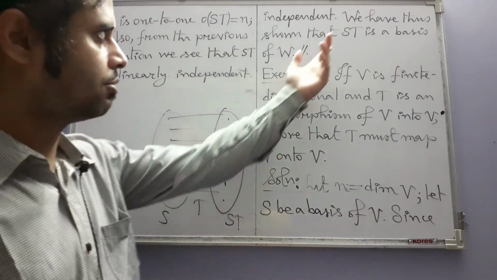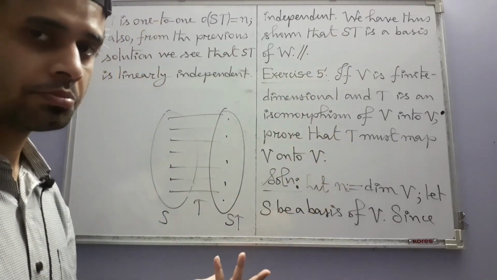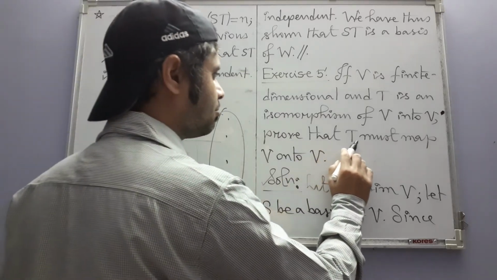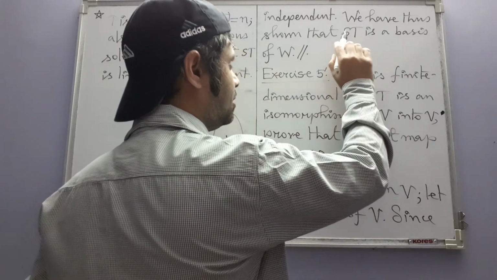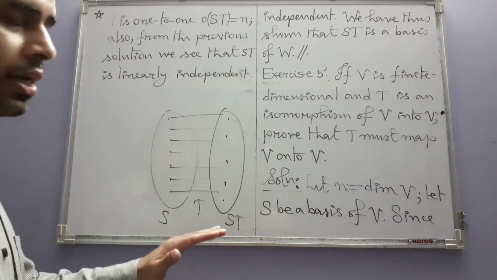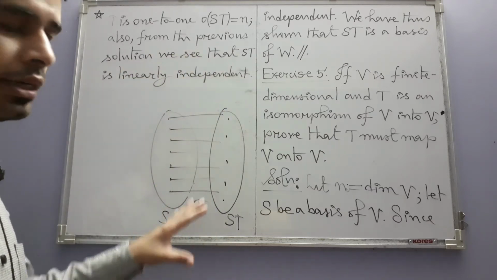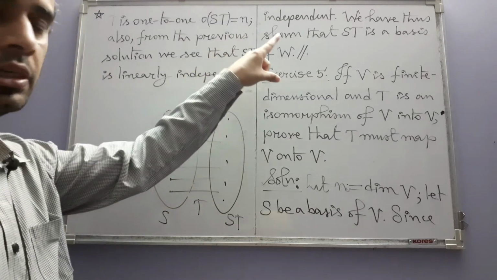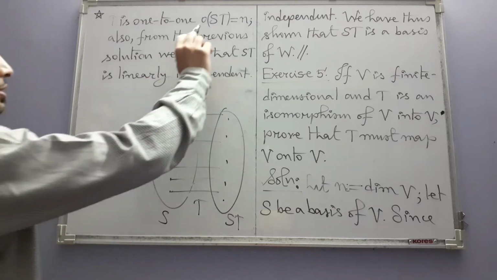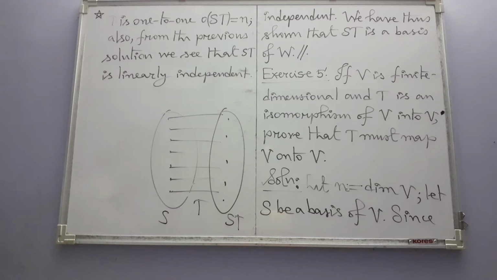It's not given that T is onto, we are in fact going to prove that. So forget about span. We have a 1 to 1 function and we have the fact that S is linearly independent, and that is enough for us to prove that ST is also linearly independent, and in fact this is precisely what we did in the previous solution.